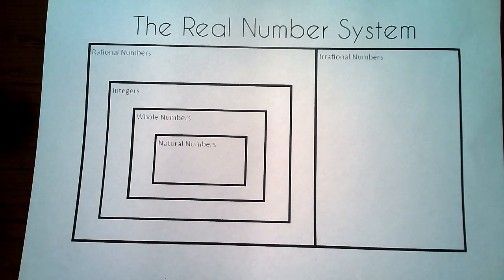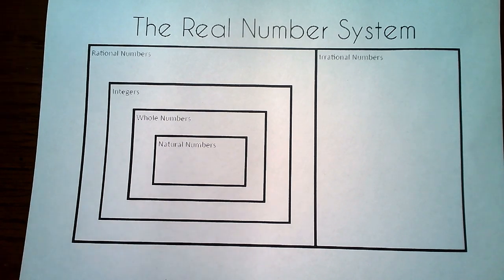The reason numbers came up is because we had to figure out, well, how many of something do we have? Do you have one sheep? Do you have two sheep? Three sheep? And that had a lot to do with trading. Am I going to trade this one sheep for these two chickens? You know, that kind of stuff. So the natural numbers are also called counting numbers because that's what we use to count.